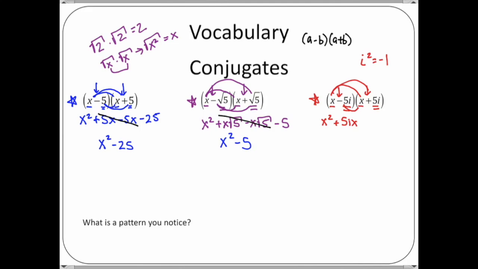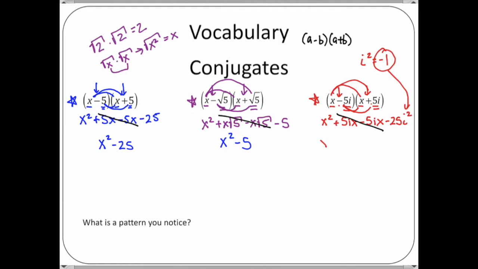Negative 5i times x gives me a negative 5ix. And negative 5i times a positive 5i: I multiply the 5's together, that's going to give me a negative 25, because it's a negative times a positive, and then i squared. So we have to drop in the negative 1 for the i squared. And let's also clean up that center, which we know cancels out.